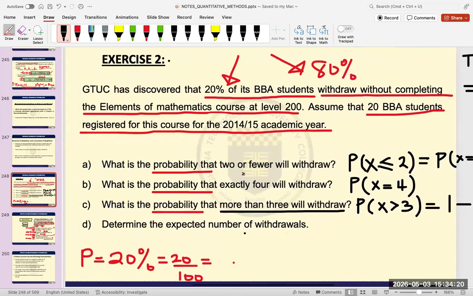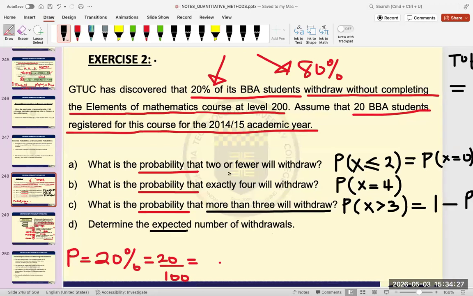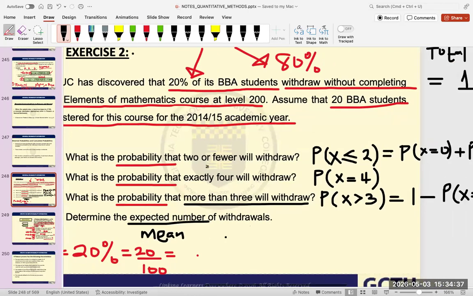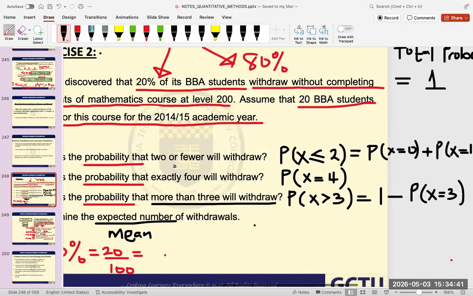Then the last one, determine the expected number of withdrawals. The word expected number means find the mean. And we have done this today. How do you find the mean of binomial? Mean is represented by mu.